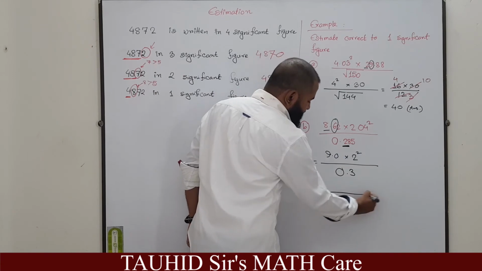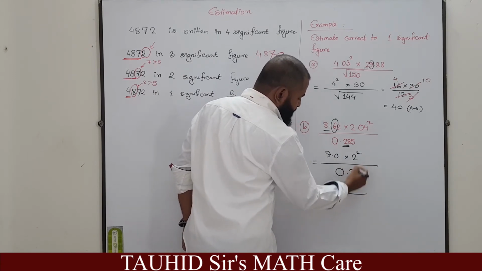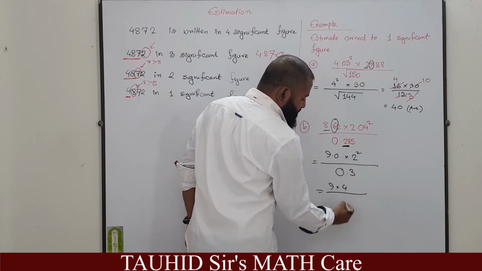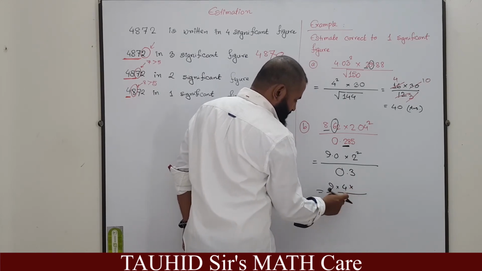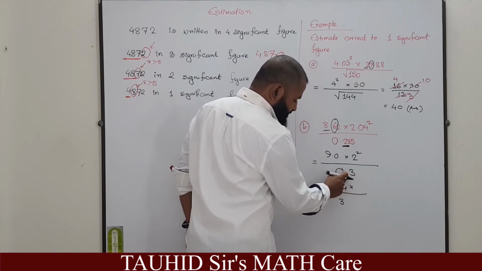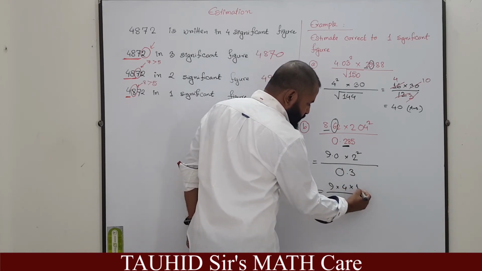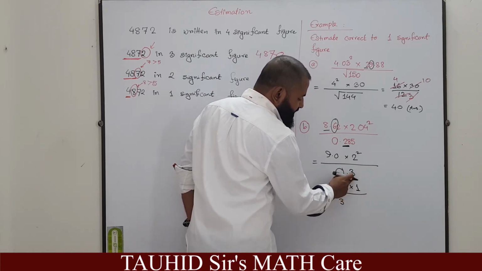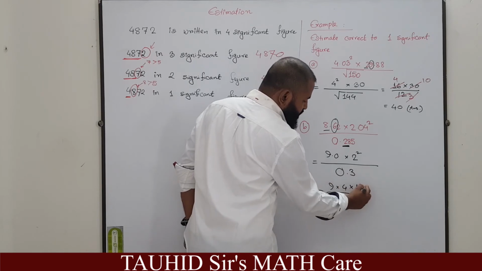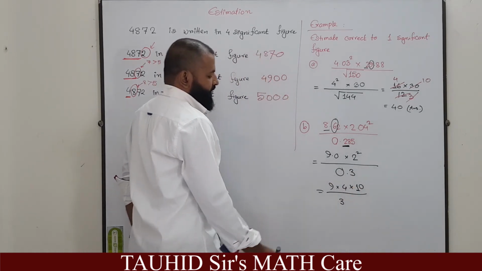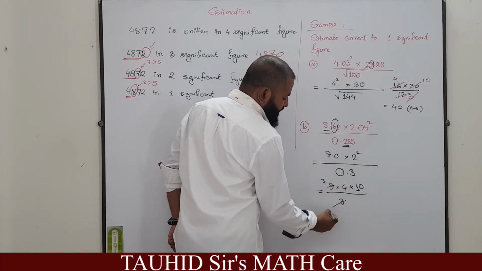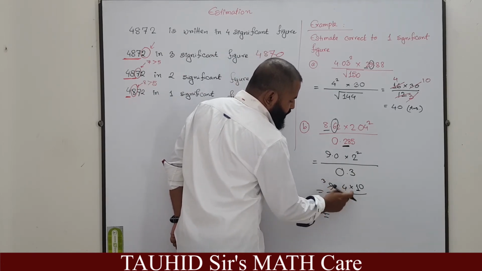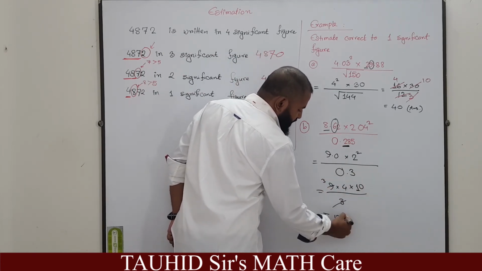So what will be the answer? 9 multiplied by 2 squared, meaning 4, over 0.3. For this decimal we will write a 1 and 1 digit after the decimal, so we will write a 0 here. We can divide 9 by 3 and get another 3. 3 times 4 is 12, times 10 is 120.